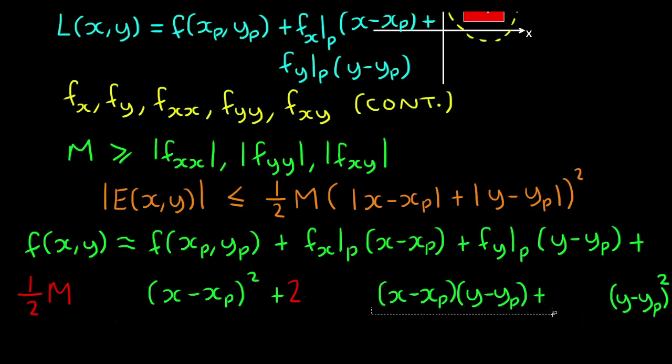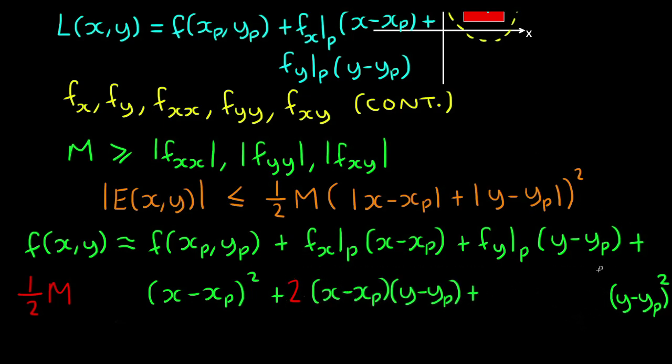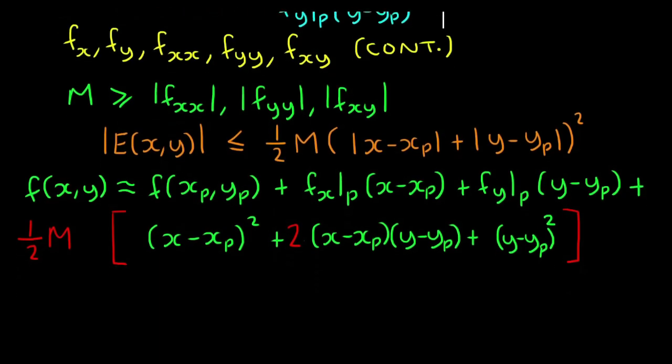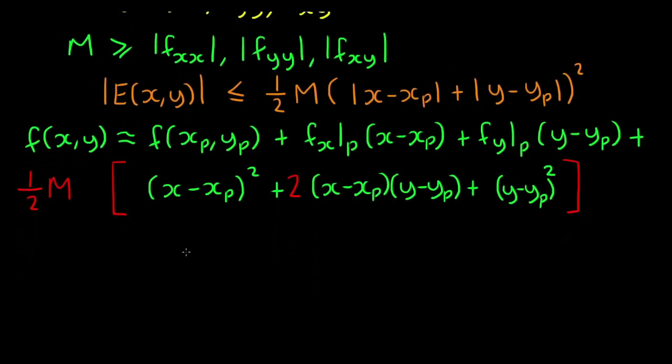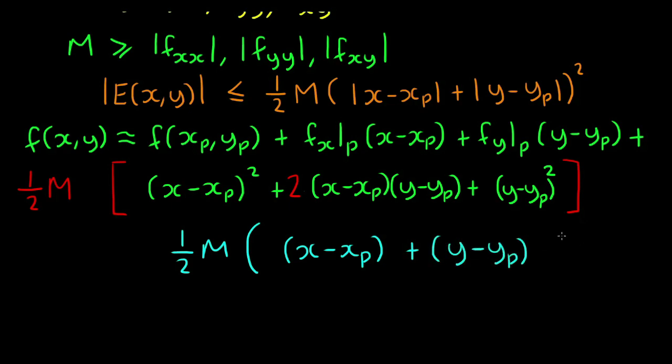So we'll just move these across, and this here is our error bound, which we can also simplify. So we have 1/2 by m by x minus xp plus y minus yp all squared.